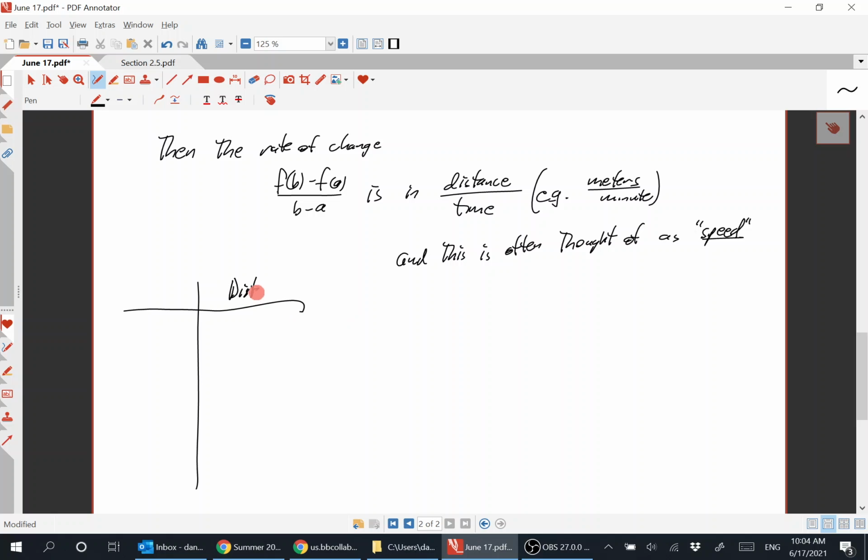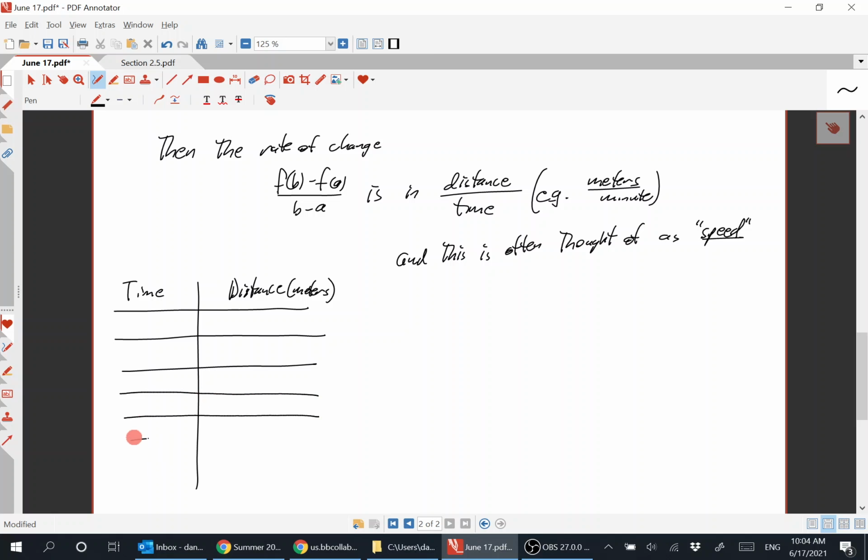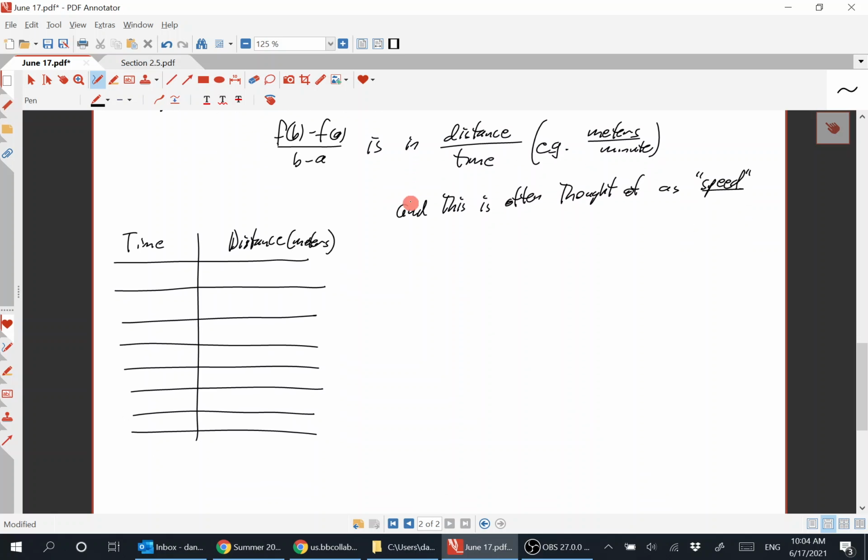We've got distance in meters, and time. Somebody's timing their splits going around this track. Of course, the track you run on usually isn't a circle, but an oval.